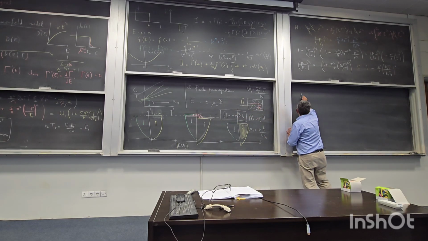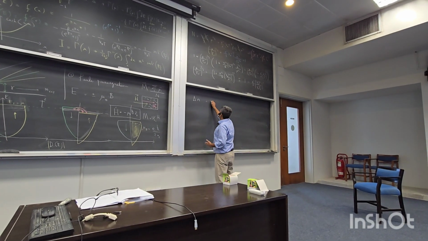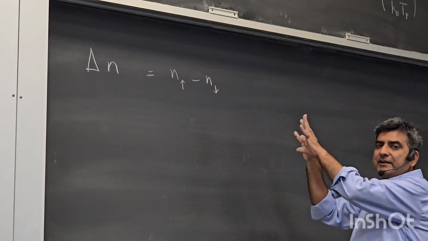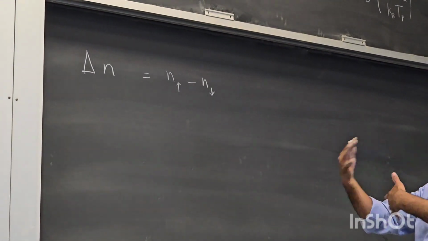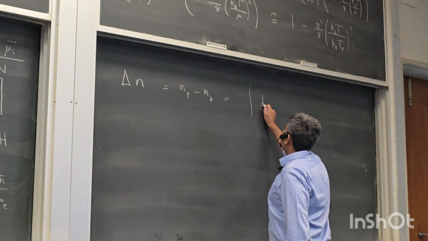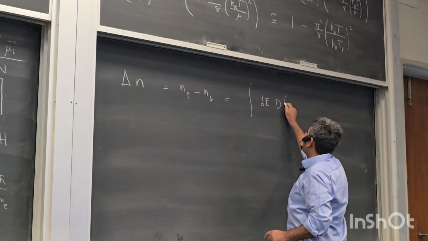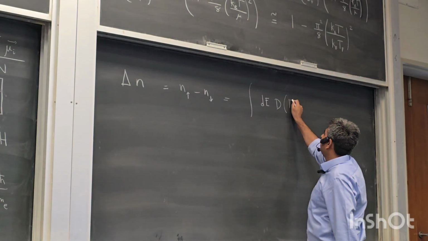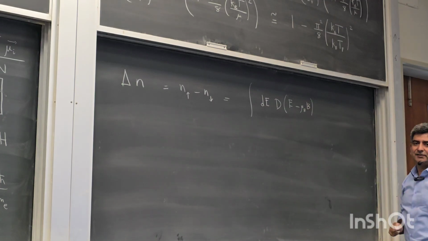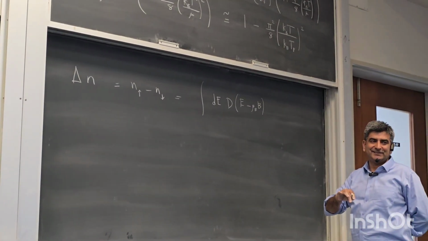Now if you want to calculate this population difference between the two kinds of electrons, you'll get n up minus n down. So let me write down the integral for this, and you'll be able to solve it. It's another Sommerfeld kind of integral. So this will be the integral of dE times D. Now spin up electrons have now a lower energy, so I will put E minus mu_B B instead of E. Suppose I'm at 0 kelvins, right?